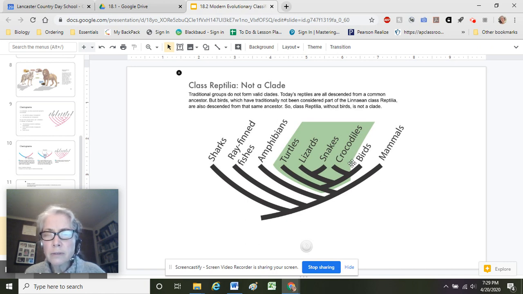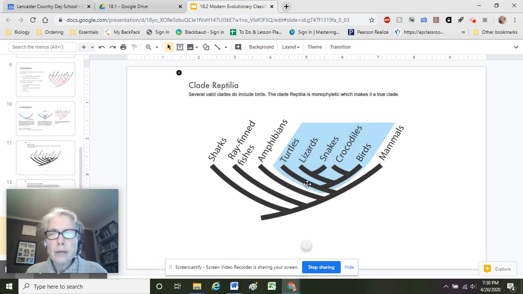It includes birds. And if we had a name for this group that included all of these animals, then we would have a truly monophyletic group name. The name reptile, which excludes birds, is not a monophyletic group name. It's not a good evolutionary classification name.